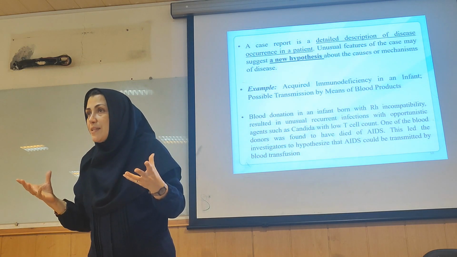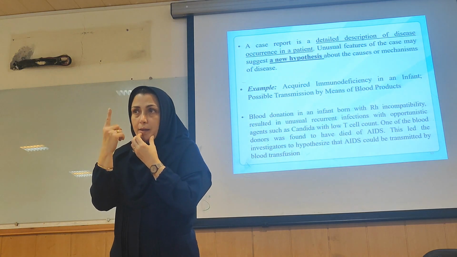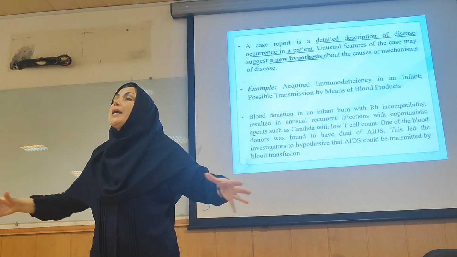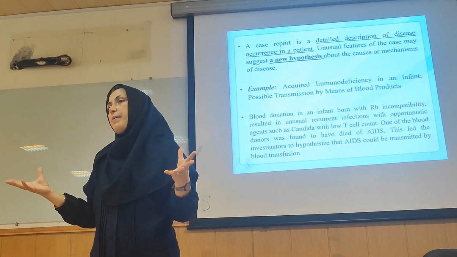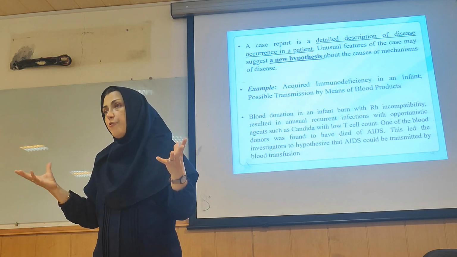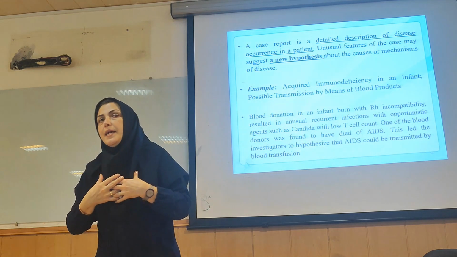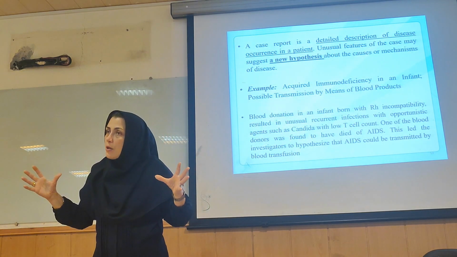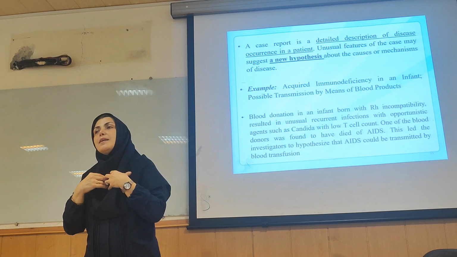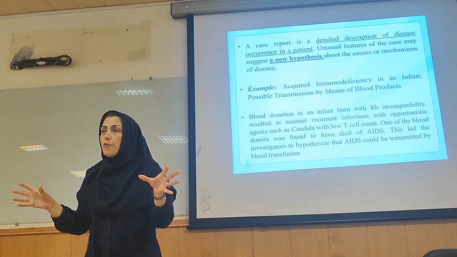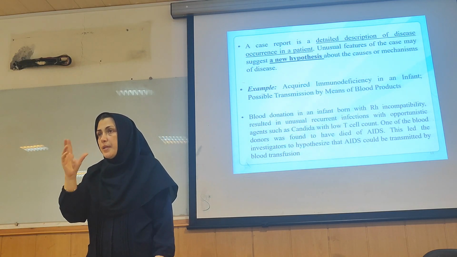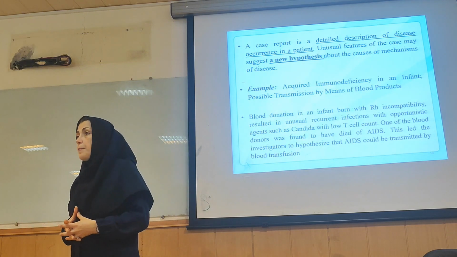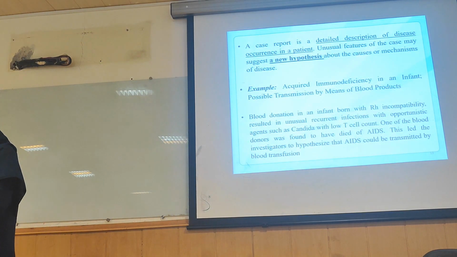But in a case series, it is one published article, but in that article, you explain a series of patients. For example, we explain 40 patients that were similar to each other, and we can explain all 40 patients in one paper. It is a kind of case series study.